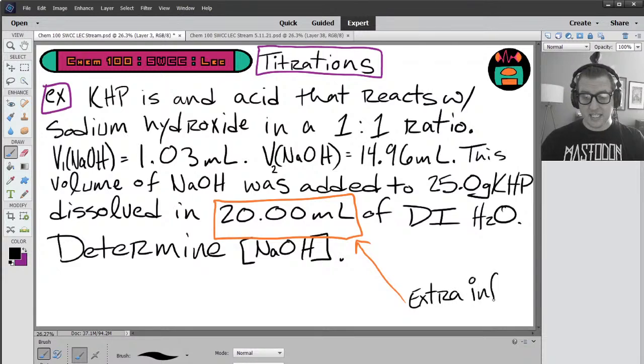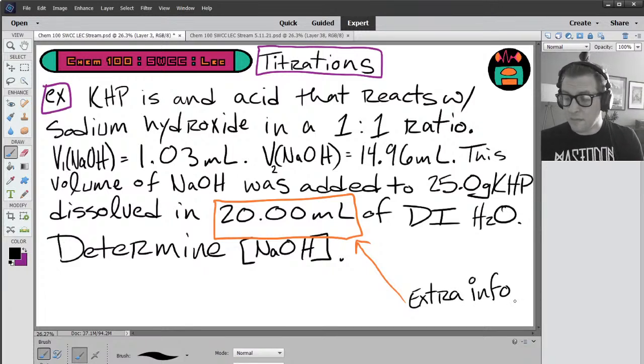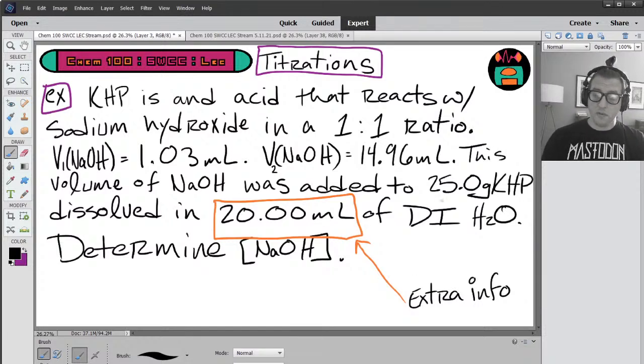You do not need this to solve the problem at hand. That's not typically my writing style. I don't put extra information in there. But they did in the pre-lab, so I wanted to do an example where there was some extraneous information. We're not actually going to be using that because this is just a volume of water used to dissolve our acid. But what matters is that our acid is going to react with sodium hydroxide.